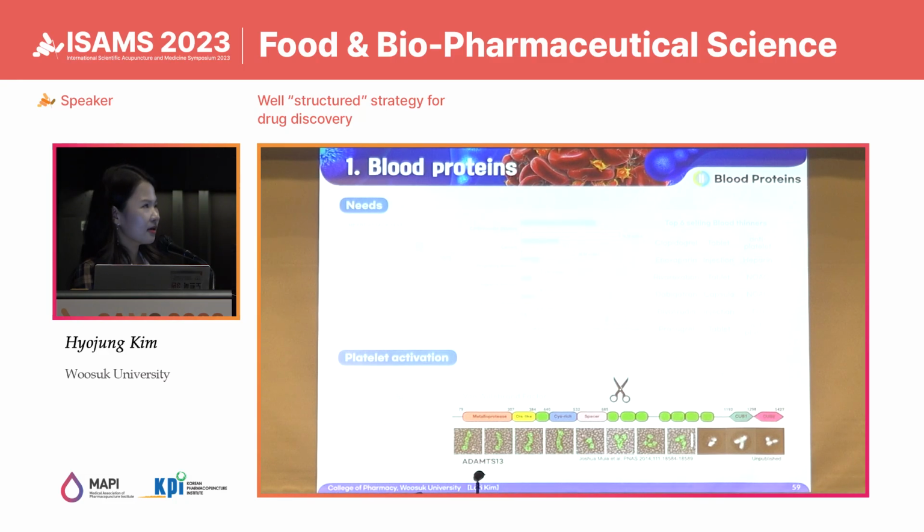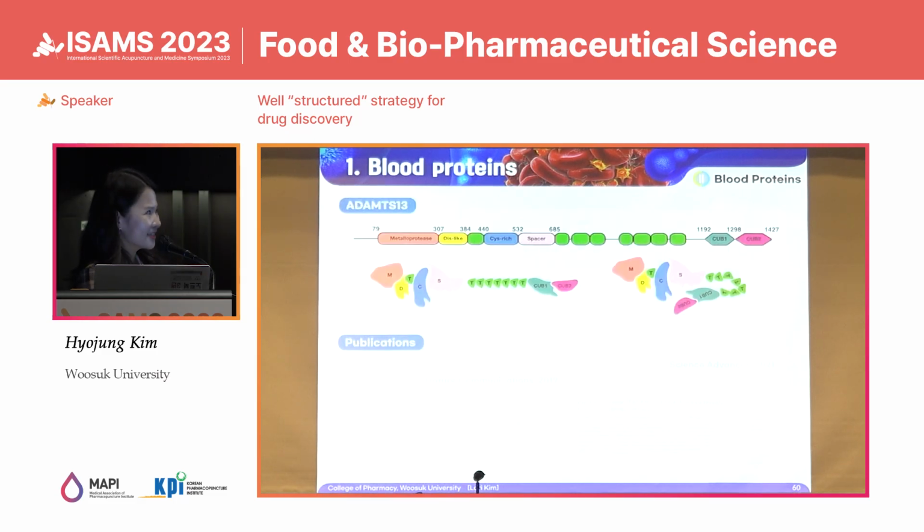So I have an idea that this protein could be a novel blood thinner that will not cause any bleeding event, because it only activates when VWF is in the active state. So using the ADAMTS13 structure, I can imagine that this will be a good blood thinner.